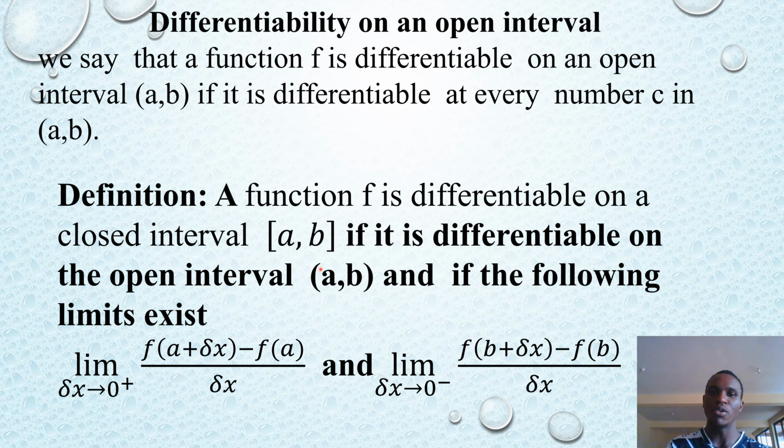At the upper bound of our closed interval. So if these two limits exist and the function is differentiable at any point inside this open interval, we conclude that it is differentiable on the closed interval. So that's what you need to know concerning that.